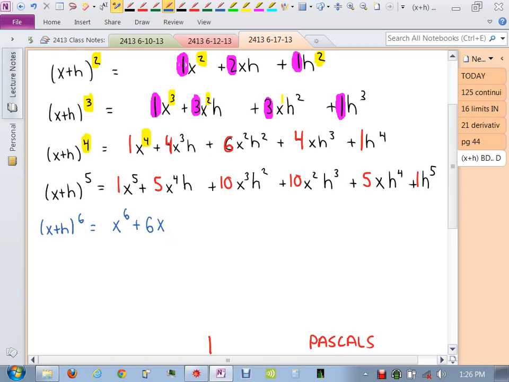So 6x to the 5th, h plus 15, x to the 4th, h squared, plus 20, x squared, h to the 4th, 6x, h to the 5th, plus h to the 6th.